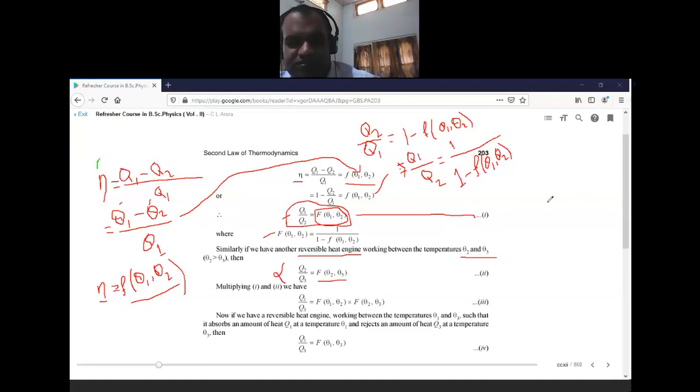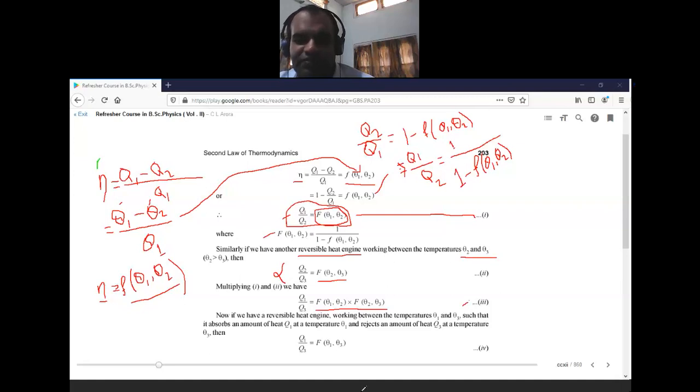So q1 by q2 times q2 by q3, q2 gets cancelled, giving q1 by q3, which is equal to f theta 1 theta 2 multiplied by f theta 2 theta 3. That is equation number 3.